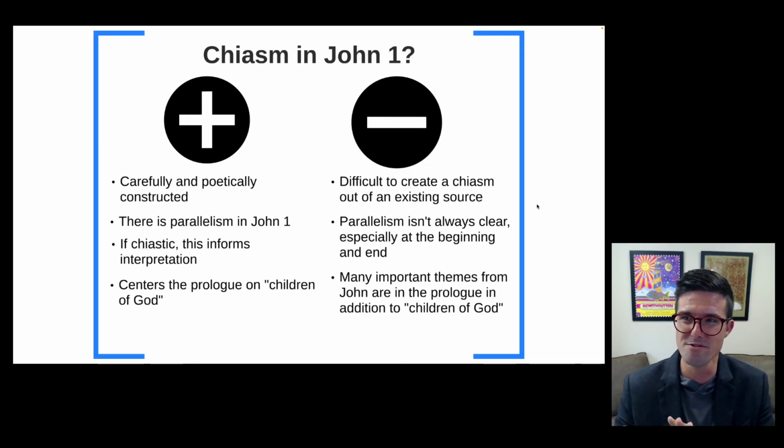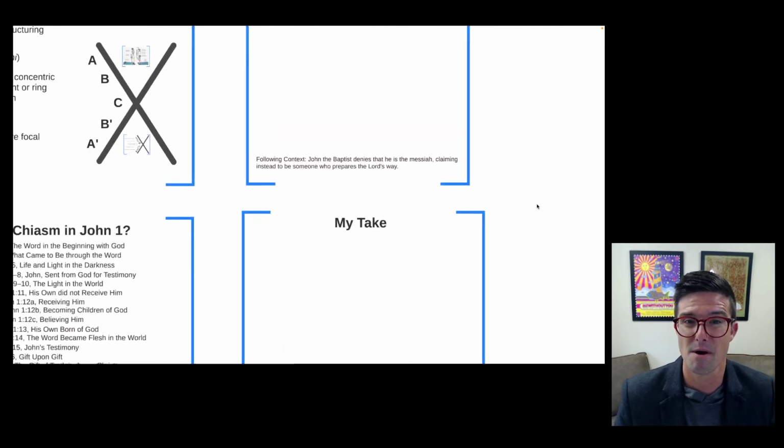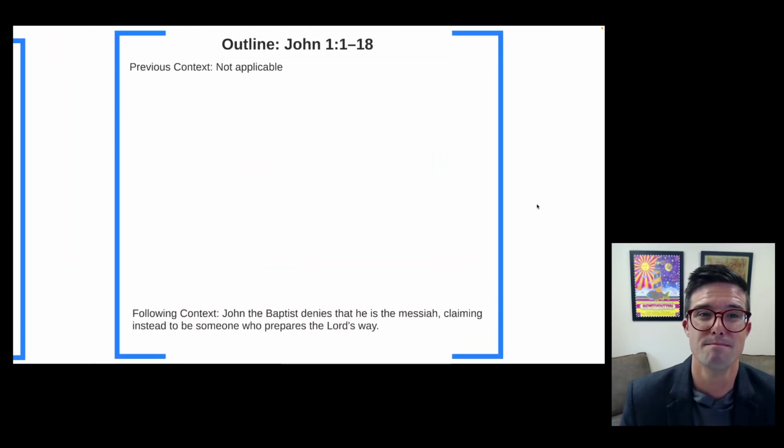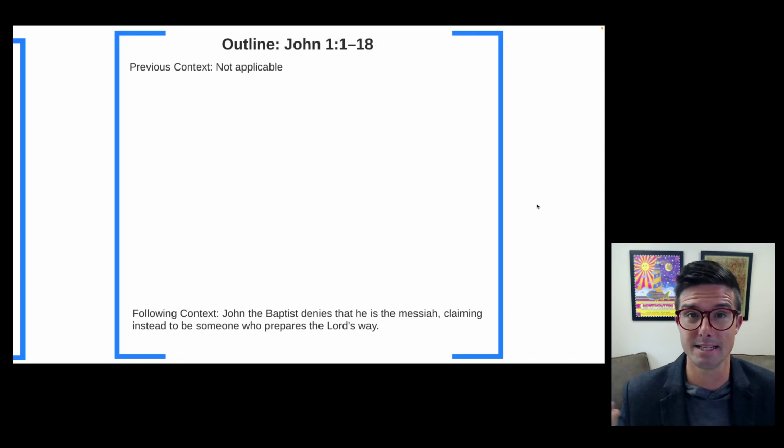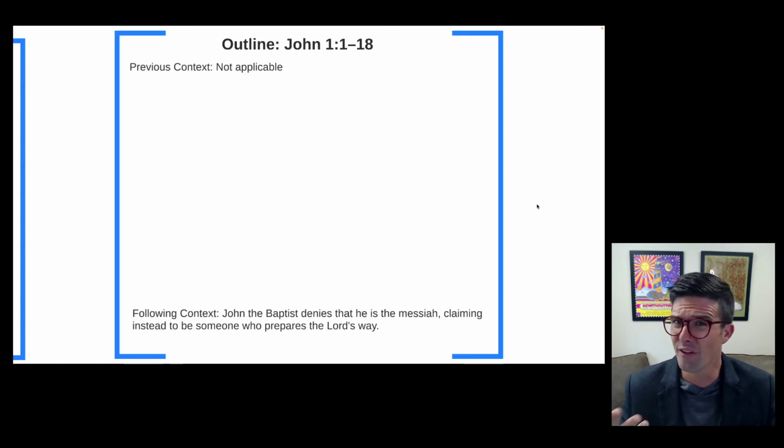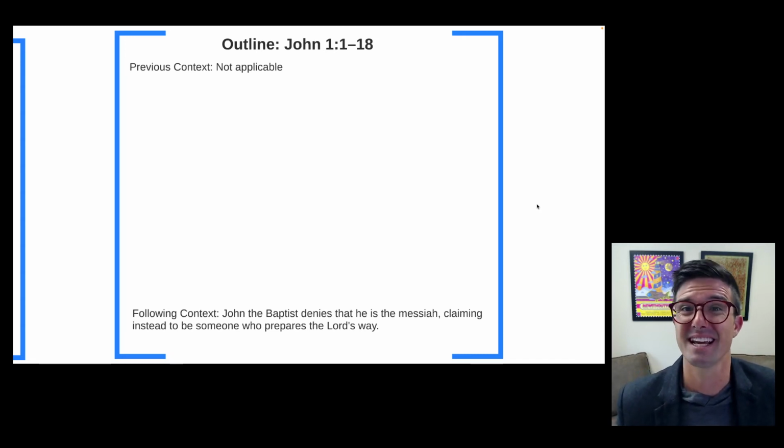So we're going to move in our final portion of the video back to your outline. I'll invite you now to grab your outline, and I'm going to show you how I outline the prologue of John. This is not to suggest that this is the correct outline. As we mentioned in the outlining video, outlining, like exegesis, is an art and a science.